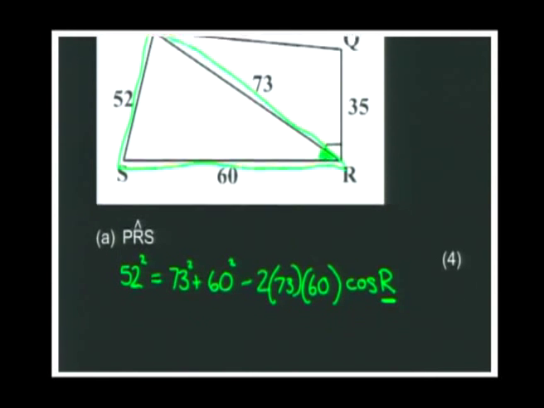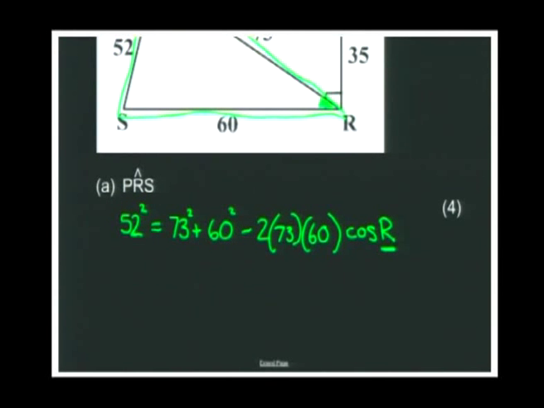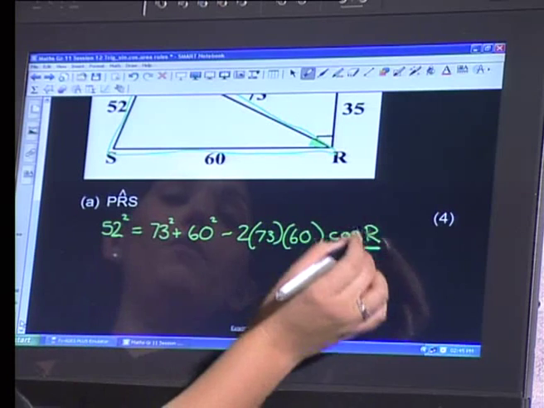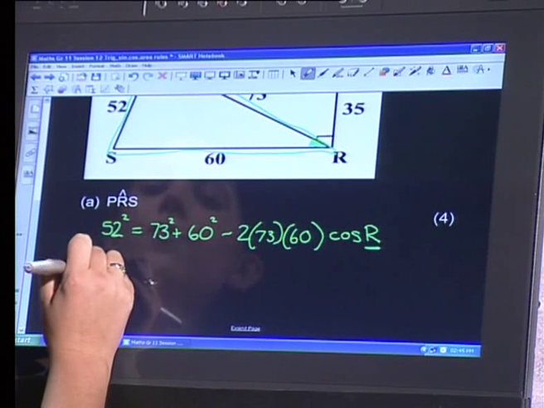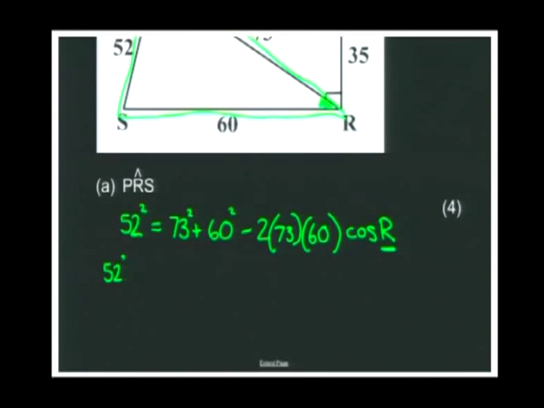And what we do now is we just simply manipulate this equation. We want to make cos R the subject of the formula. So we'll have 52 squared minus 73 squared minus 60 squared is equal to negative 2 multiplied by 73, 60, and cos R.